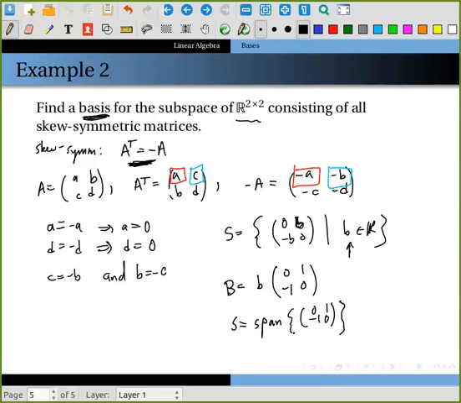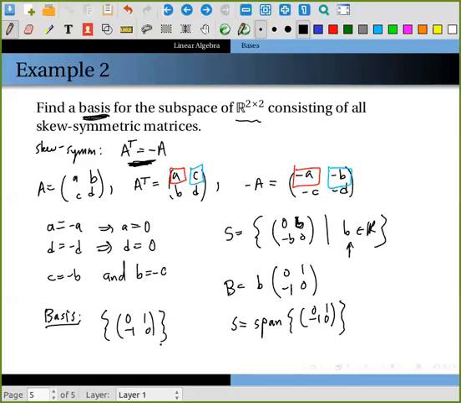Now, how do you take linear combinations of a single matrix? Well, you just multiply by every real number. And so this one single matrix forms a basis for the space of 2 by 2 skew symmetric matrices. So this is our answer. To find the basis, the answer is this set. I'll write it over here. The basis is then just the collection of that one matrix.